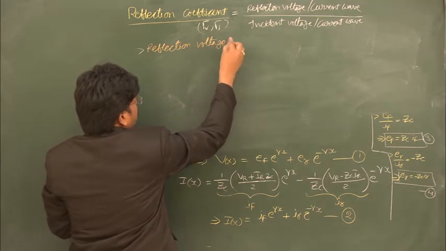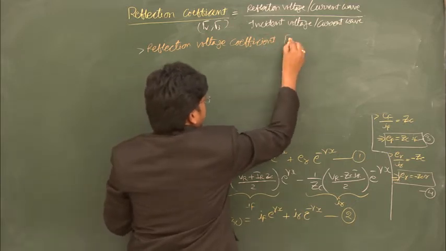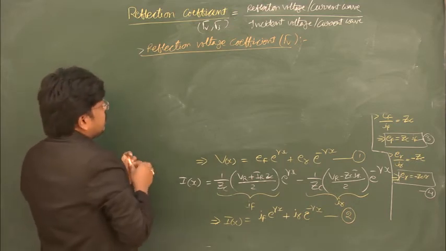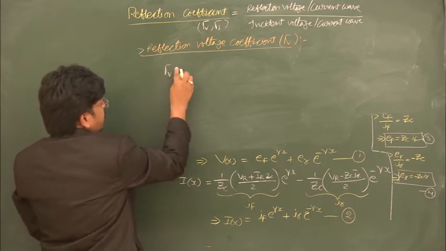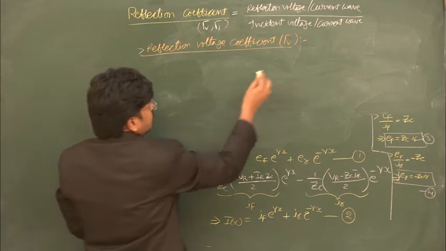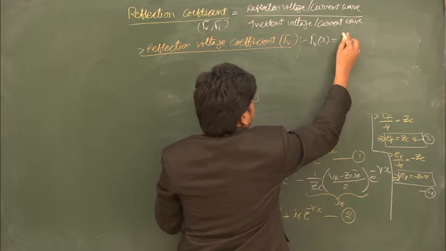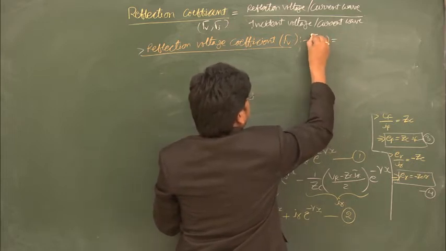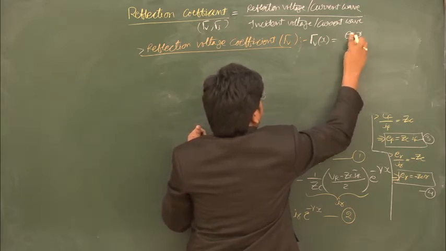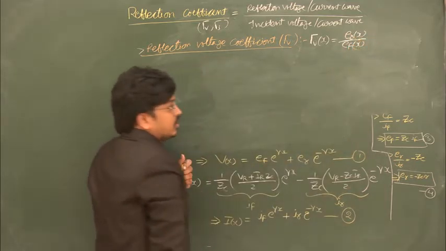The reflection voltage coefficient is denoted by theta V. So theta V of x is equivalent to the reflected voltage ER of x by the incident voltage E of x.